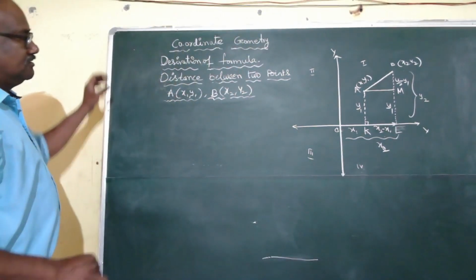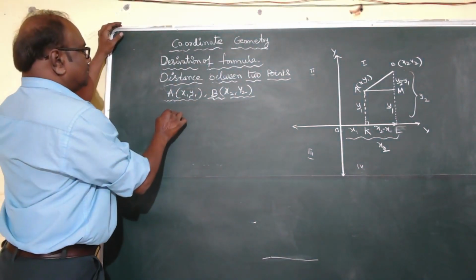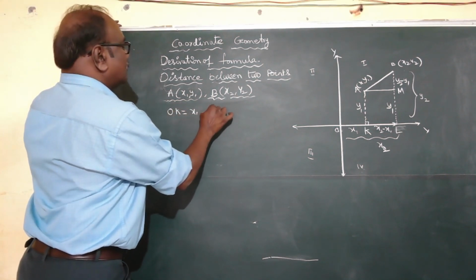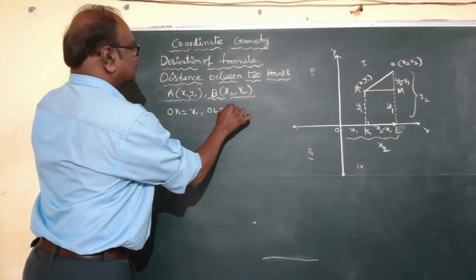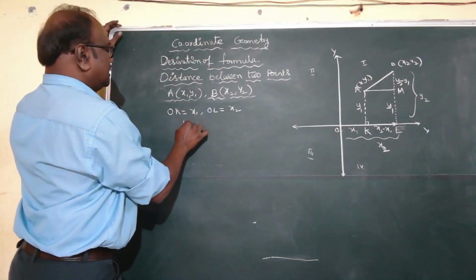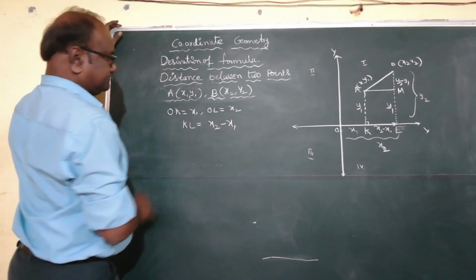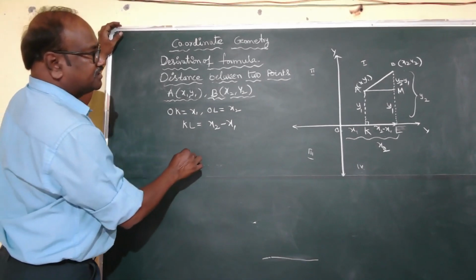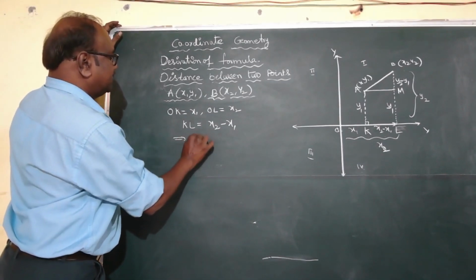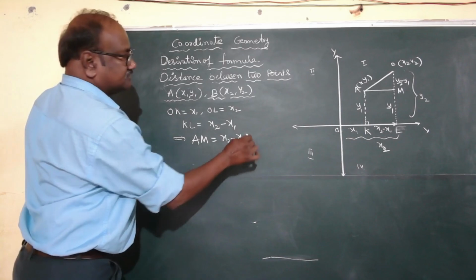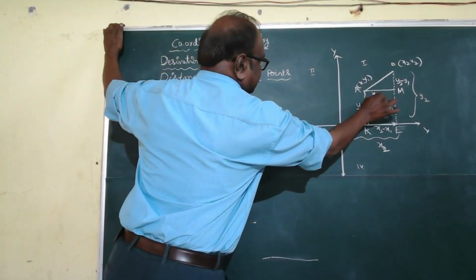Now I will write here one by one. OK is equal to x1, OL is equal to x2, then KL is equal to x2 minus x1. It is the same as AM. That implies AM is equal to x2 minus x1.